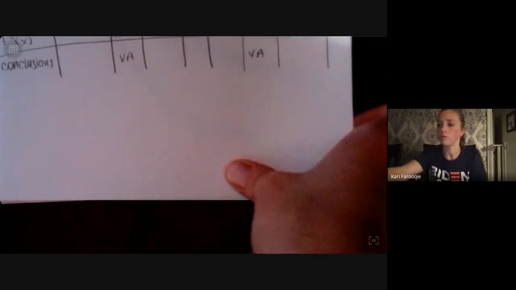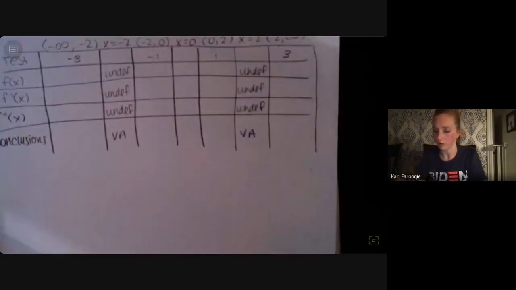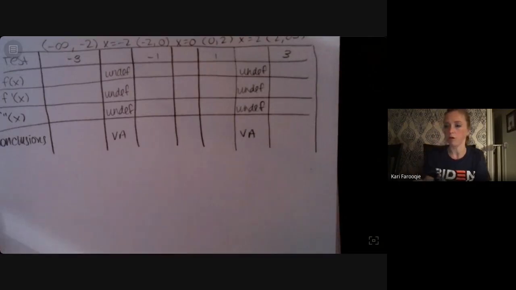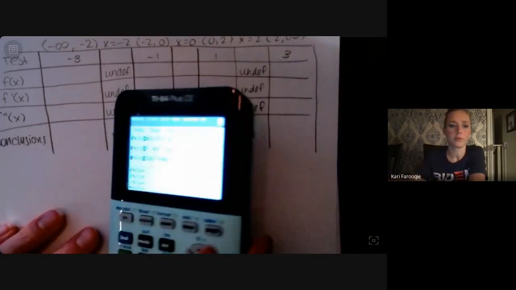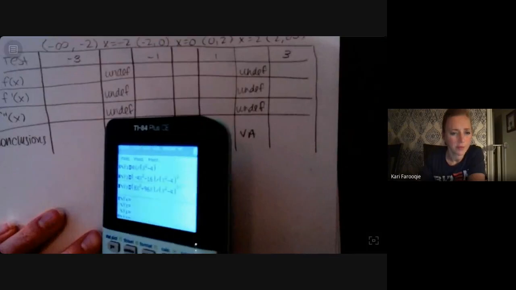And then my second derivative is 8x cubed in parentheses plus 96x, close your parenthesis, divided by x squared minus 4, close your parenthesis, to the third power. Let's see. Can we see that?